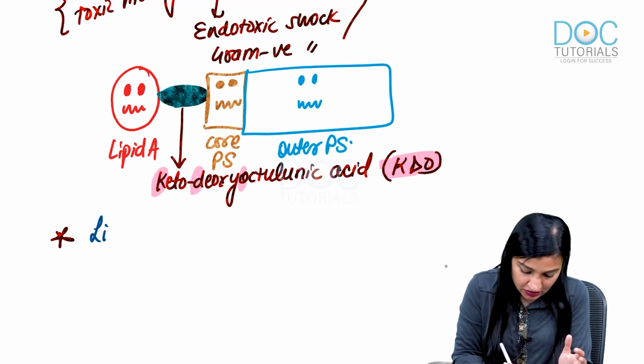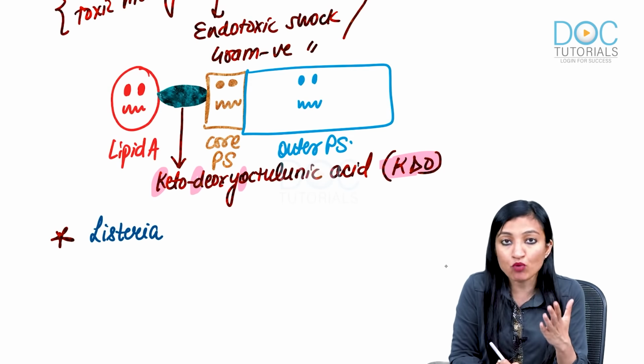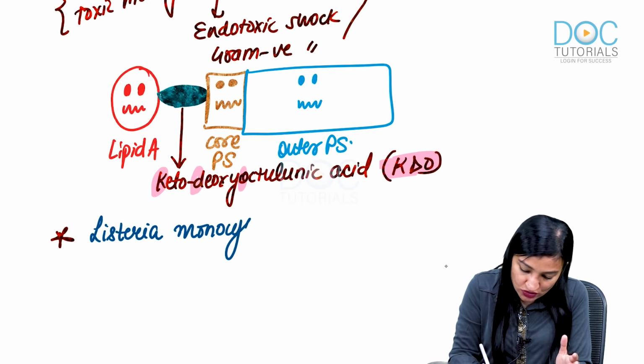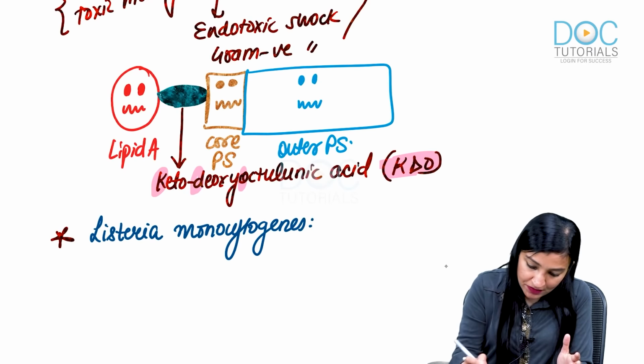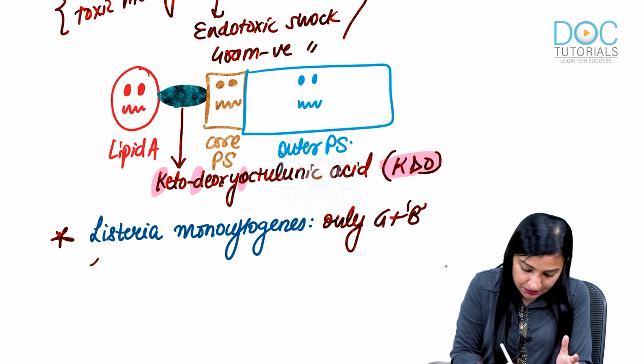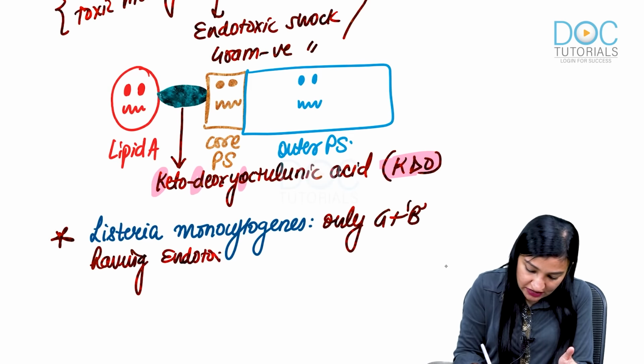So I'm going to write the name of that special bacterium in blue color because it's gram positive. That special bacterium is Listeria monocytogenes. This is the only G plus bacterium having endotoxin in its structure.